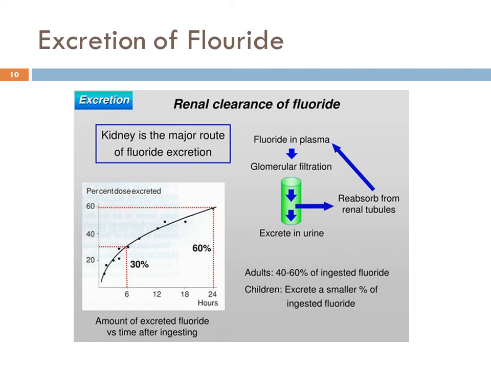The other 90% will be excreted through the kidney, which is the main route of fluoride excretion. Fluoride in the plasma will go to glomerular filtration. Some of these fluoride ions will be reabsorbed and go to the plasma again, and the large percentage will be excreted in the urine.